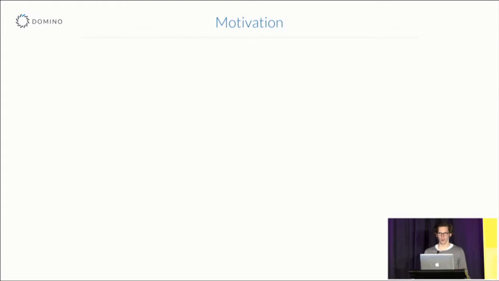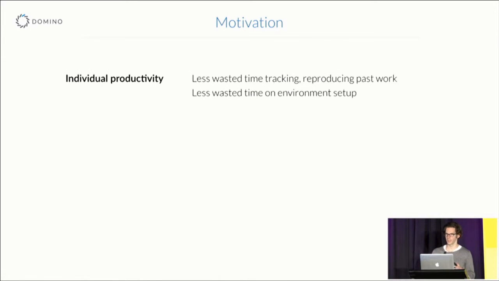So on the first part, to briefly motivate why I think this is important, you guys may have run into this a lot already, so I'll go through this pretty quickly. What we've seen is that these best practices like reproducibility and collaboration can impact the overall pace of research you're doing in a few ways. One is just raw individual productivity.